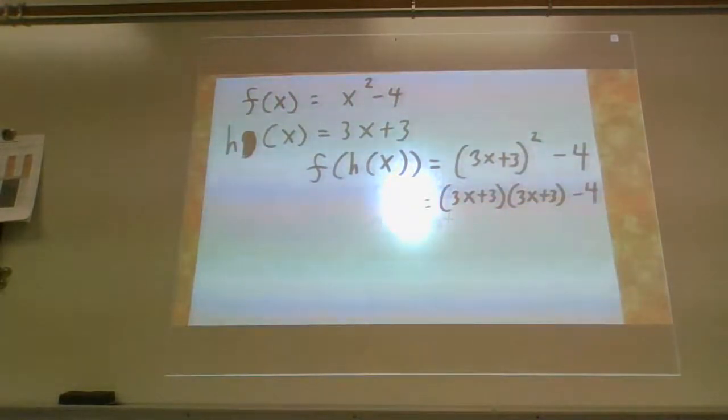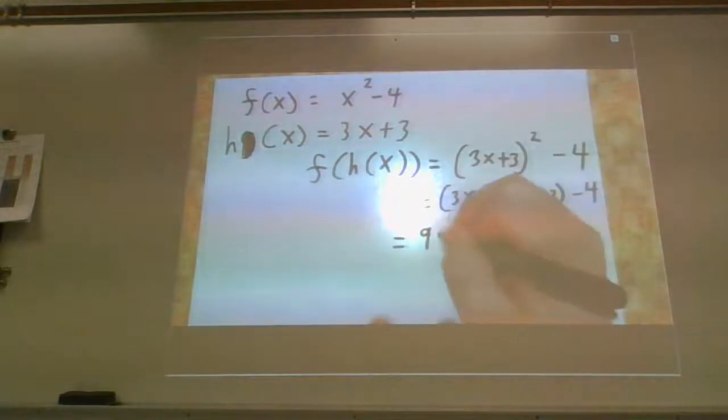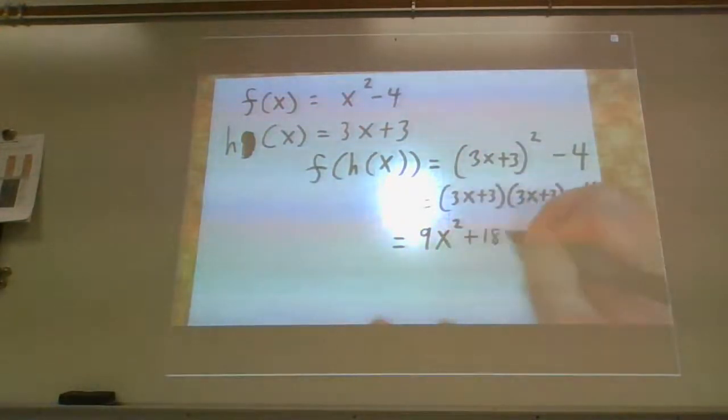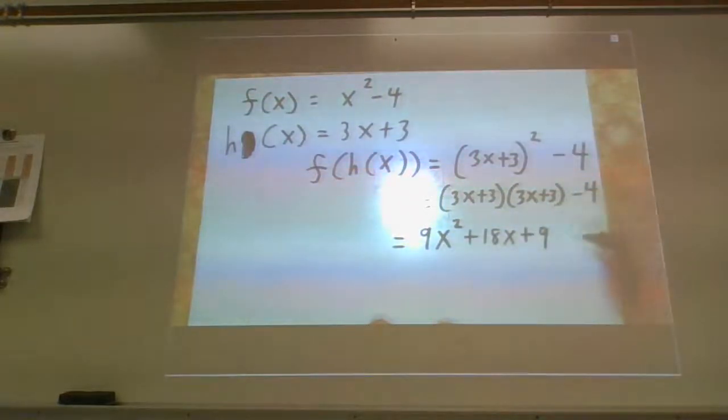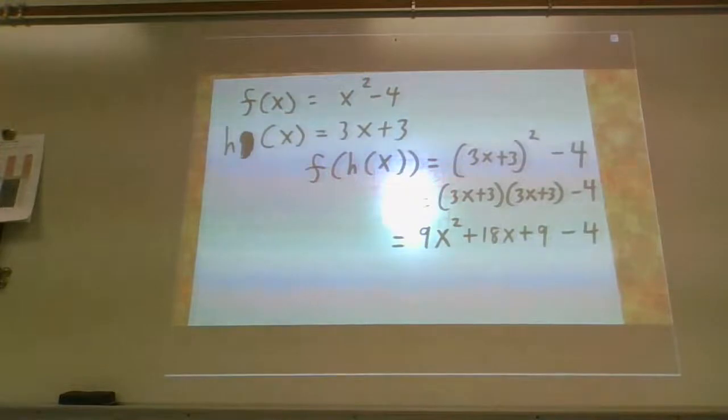From there, if you multiply it out correctly, 9x squared plus 18x plus 9, with that minus 4 being tagged on at the end. You could FOIL it. You could use a 2x2 box. Either way, that's what we get.